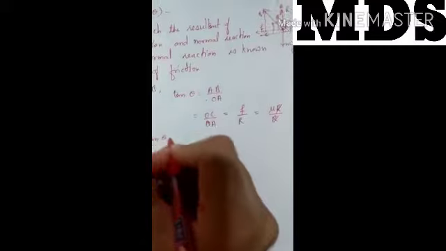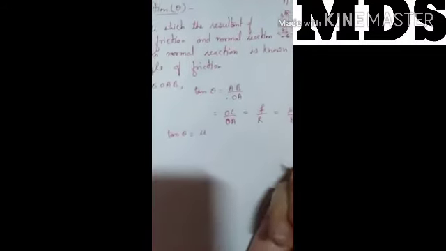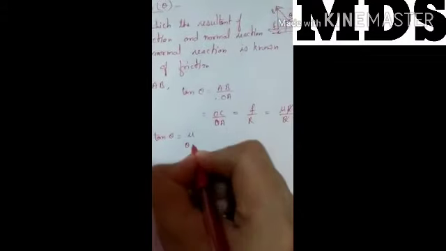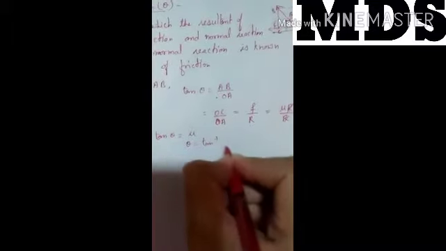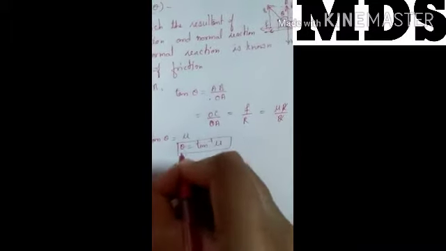Clear? Now tan theta equals the coefficient of friction, and theta equals tan inverse of the coefficient of friction. Clear now? We can write it like this.